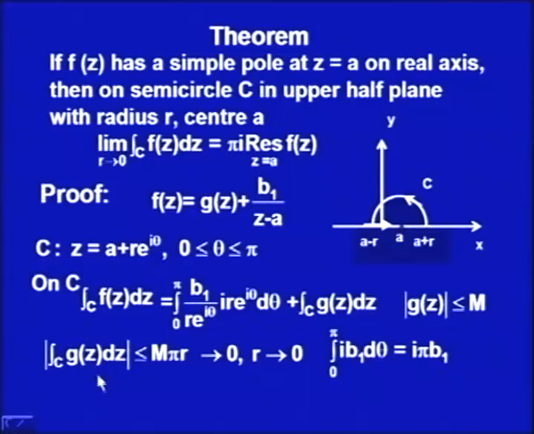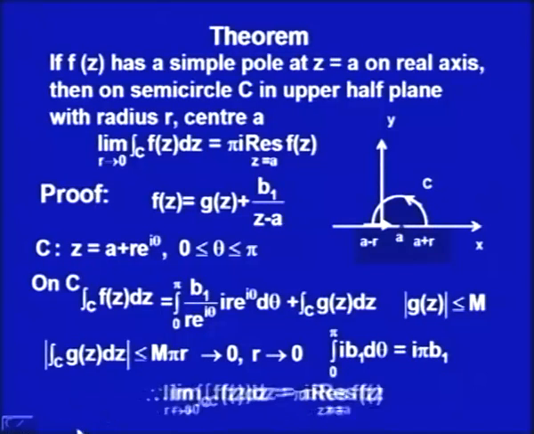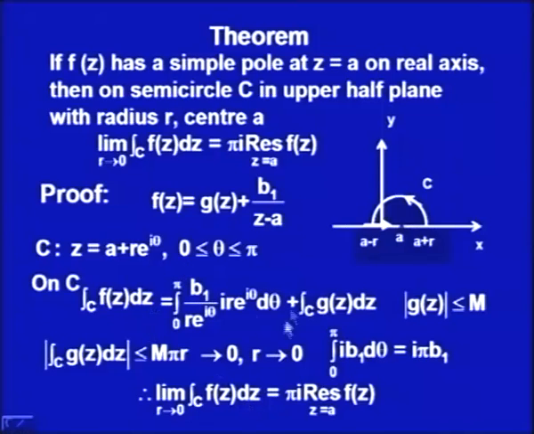So what we have got is that as r approaches 0, the integral of f(z) over C has the second integral approaching 0 and the first integral equal to πi times the residue of f(z) at z = a.